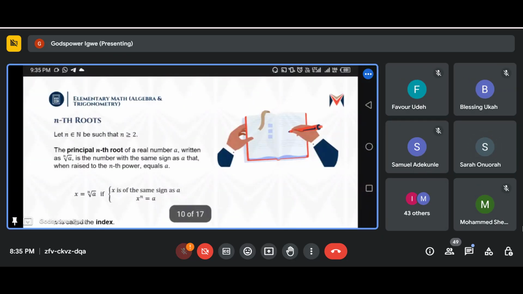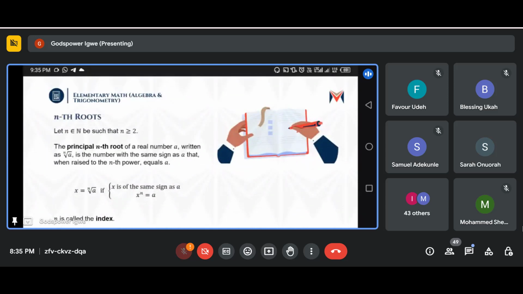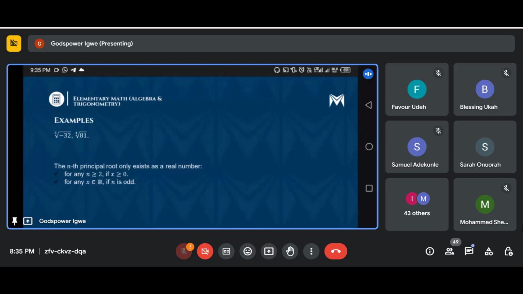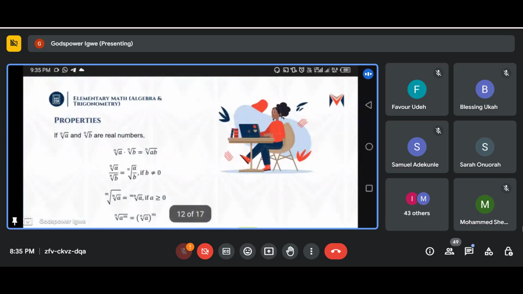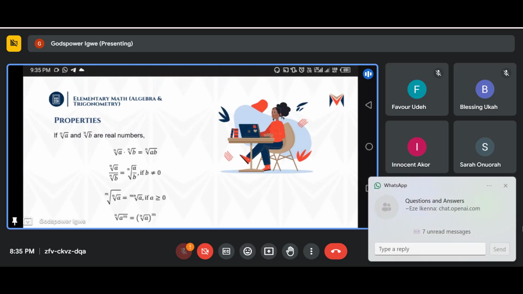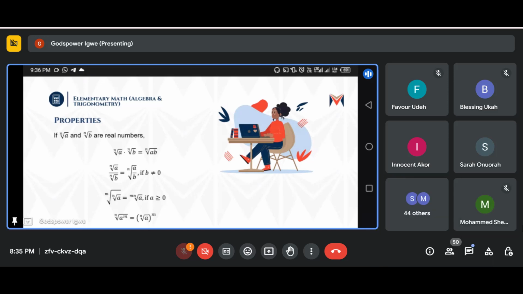Then the nth root, this, that. You don't have too much time to just get the ideas. The nth root is written as a radical sign with this index. All this is just as simple as you know before. Let's solve this. If the nth root of a and the nth root of b are real numbers, then if they are of the same root, you can pick the same root and then multiply both of them.